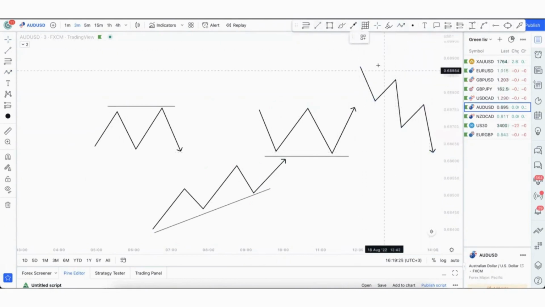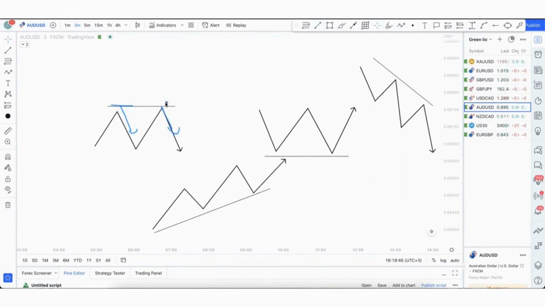So these areas, as you can see here, like in this double top, these areas have a lot of sellers here.